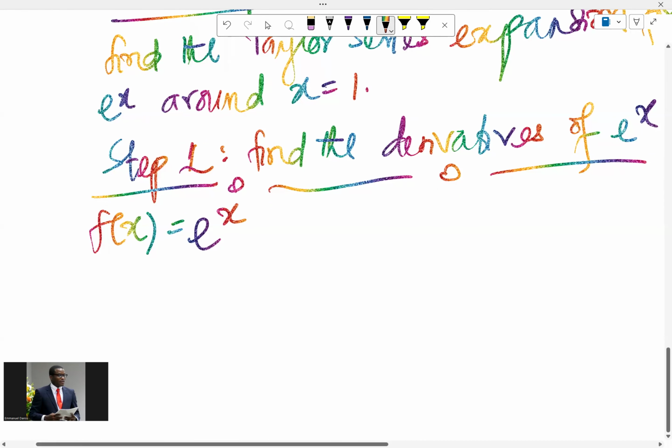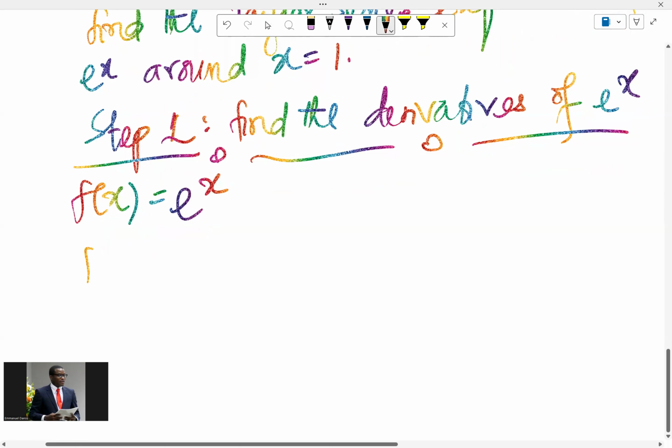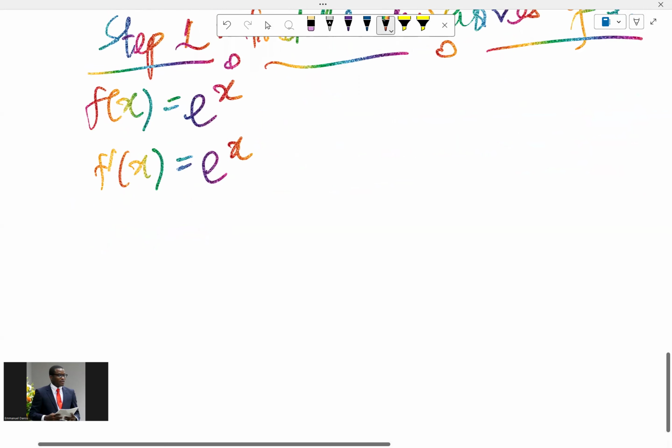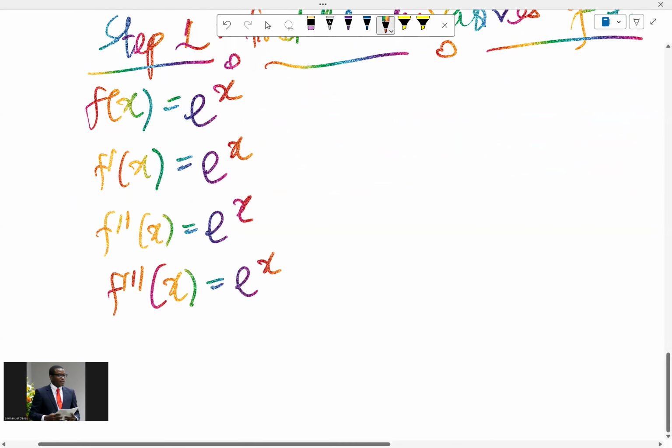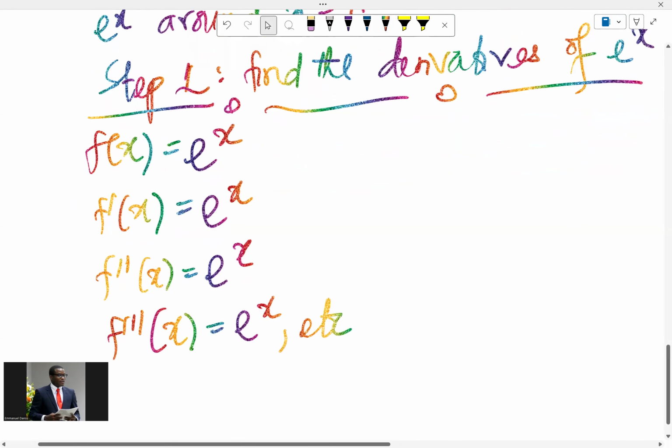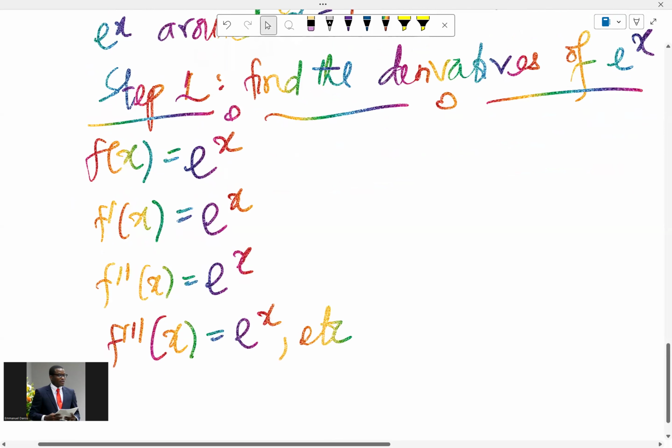So the function you're dealing with is e raised to power x. If you differentiate that, f prime of x, the first derivative, is e raised to power x. Second derivative is also e raised to power x. So this is one function that remains the same forever. Third derivative is also e raised to power x. And it goes on and on. It's still the same e raised to power x. So that's the first step.